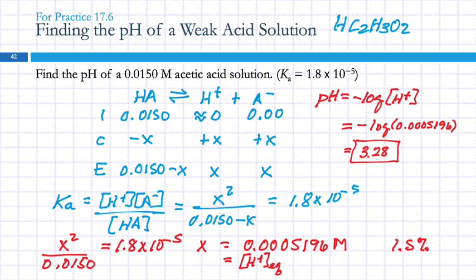So for pH, because it involves the logarithm function, when you take the logarithm of this number, the digits before the decimal point end up being the place-holding zeros. So if I wrote this in scientific notation, it would be 5.196 times 10 to the minus 4.